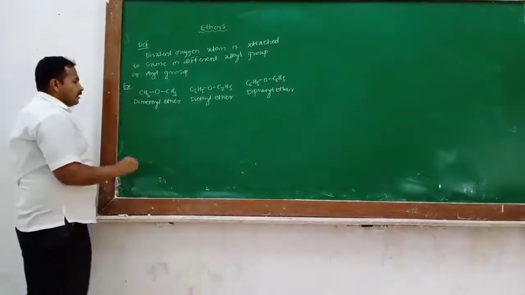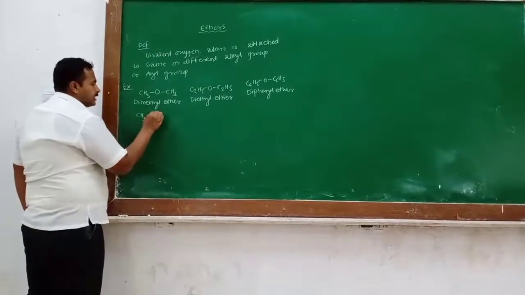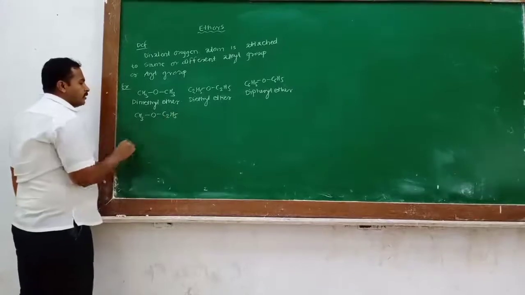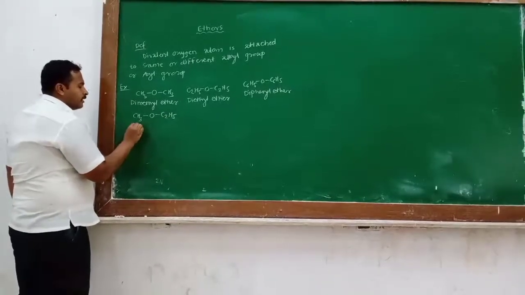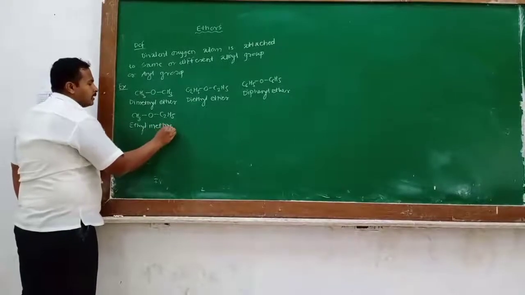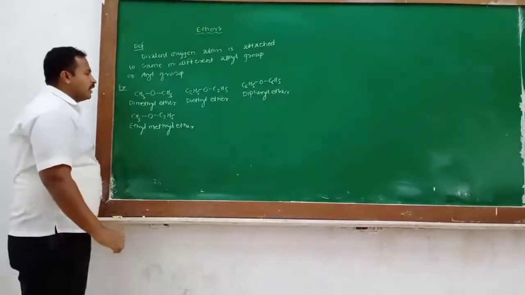Okay. Next we can write another example with different alkyl groups, CH3 O C2H5. The name of the compound is ethyl methyl ether. Okay.